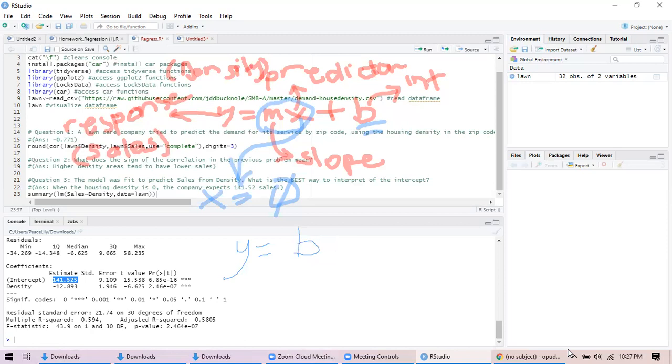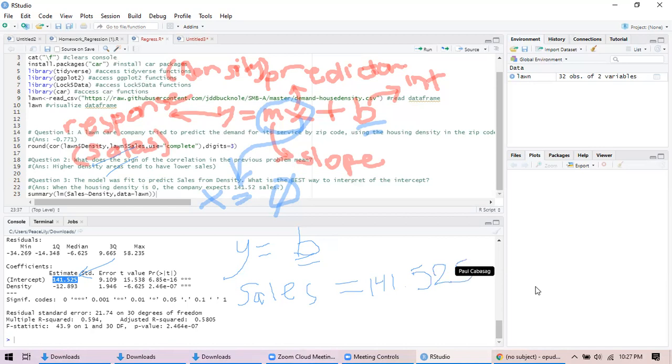Yeah. Okay, so what does our Y stand for? The Y stands for sales. And what's our B? Our B is the intercept, 141, 525, right?